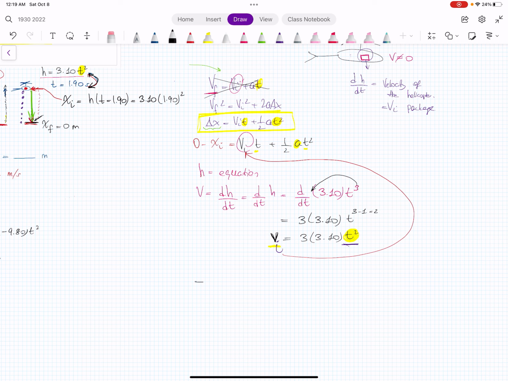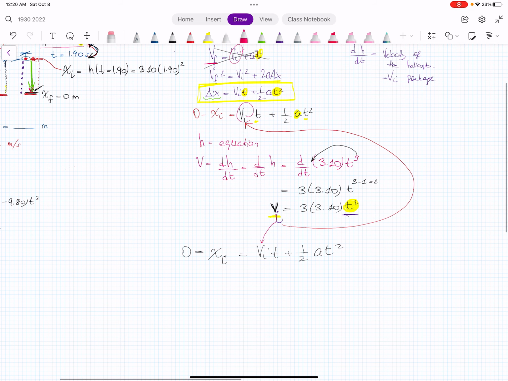Have a look at the equation. You have 0, the final position, minus the initial position, the initial height of the package, which is the same height as the helicopter, equal to v_i t plus 1/2 a t squared. You have to plug in the initial velocity of the package by taking the derivative of the height, plugging in the time, and you solve for time, correct?